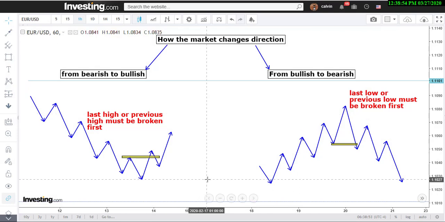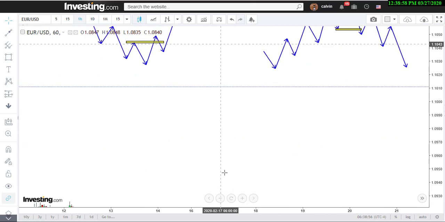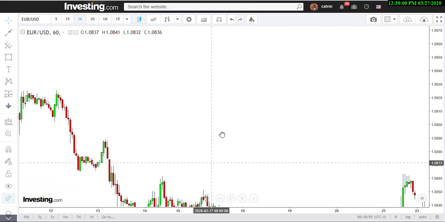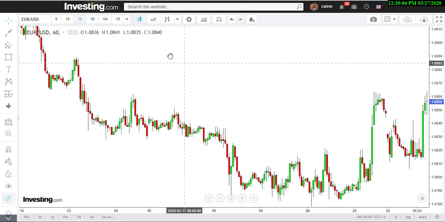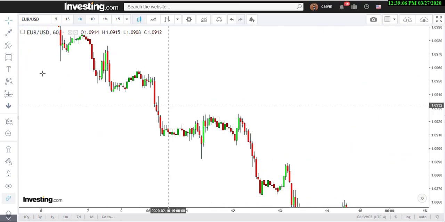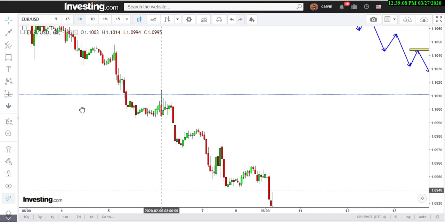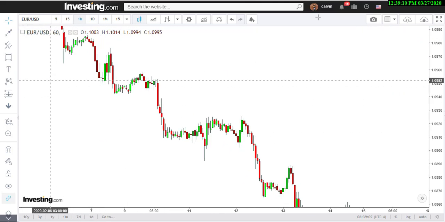Let me show you on a real chart. Maybe this will clear things up. Which piece should we start with? Let's start from here.